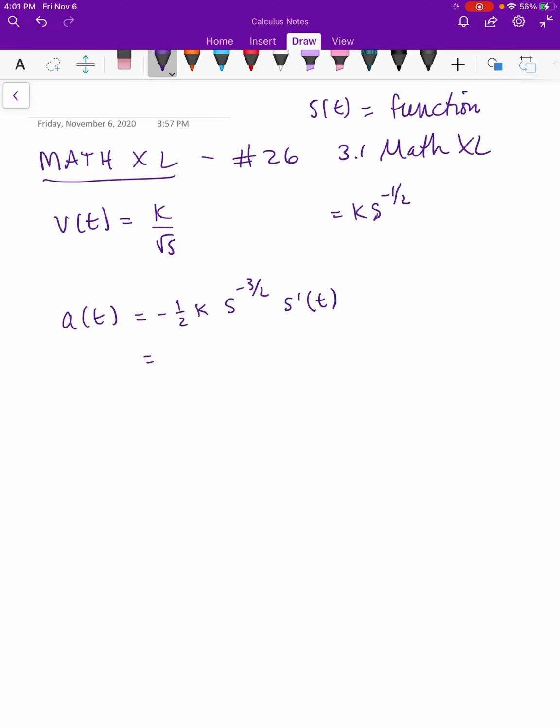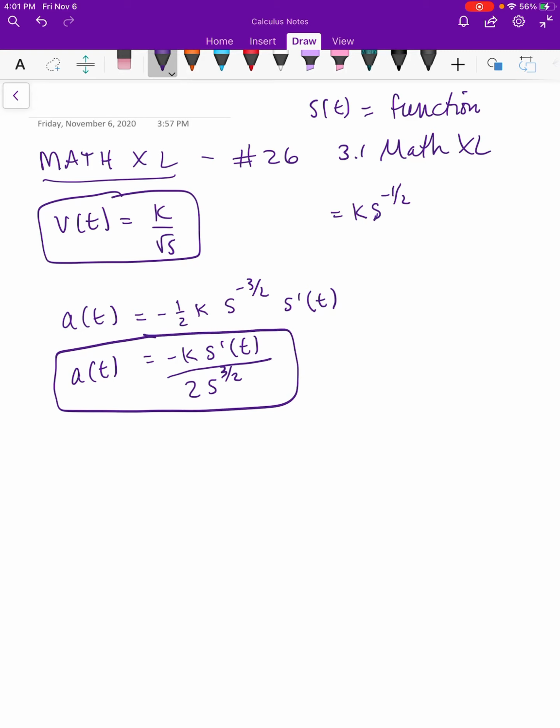If we were simplifying this, it would be negative k times s prime of t over 2s to the 3/2. So that's what we got for our a of t. So there was our velocity, there's our acceleration, with s of t being our position function.